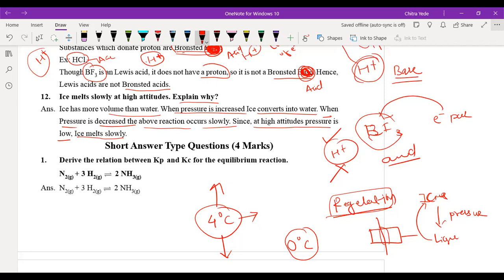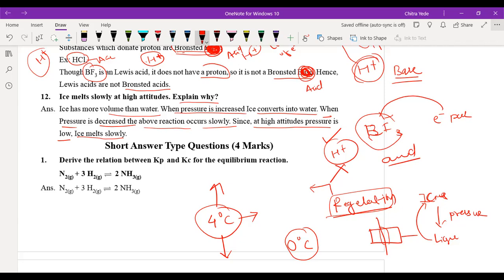Understood? Because the surrounding pressure becomes very low at a high altitude, due to which the process of melting decreases. In regelation we know that when pressure is applied on the ice, it starts melting, and when pressure is removed, liquid converts back into ice.